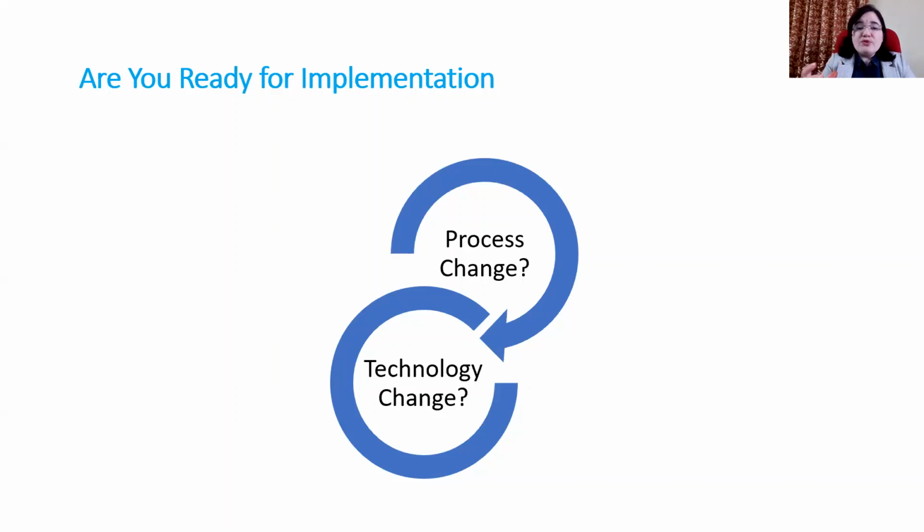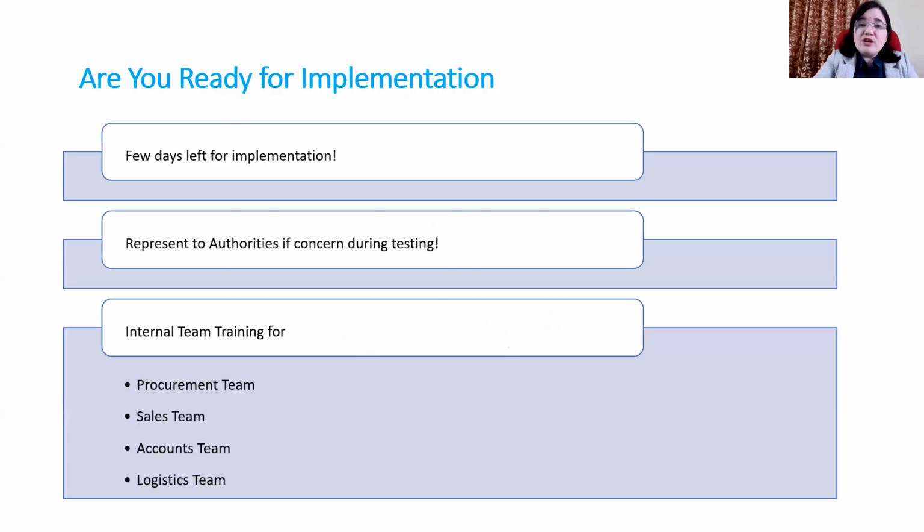So more than a process change, one can say it is a technology change, and you have to be prepared for the technology. Government is moving very fast towards technology. You are aware that the government has implemented faceless transactions in direct tax. In India, e-invoicing was implemented within a period of 6 months.